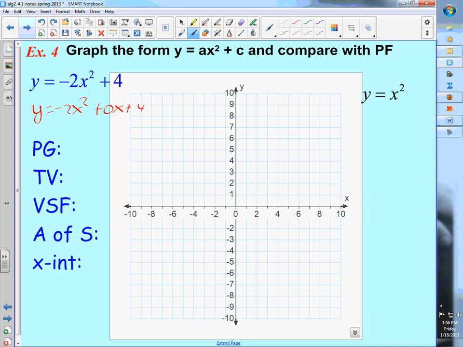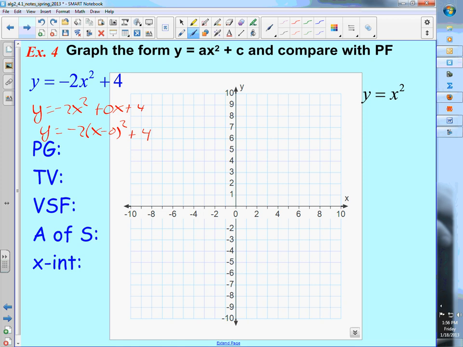But because there's no b value, there is no bx term in this standard form, I tend to say, let's think about it like this. Because transformational form for me is just so much easier. And I'm fine with you doing it either way.